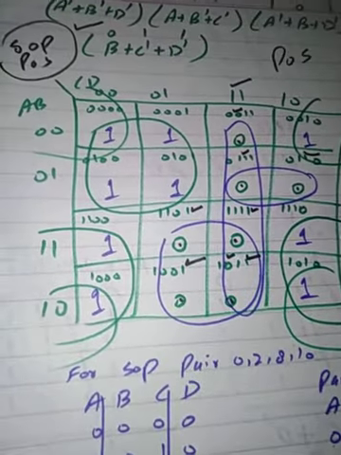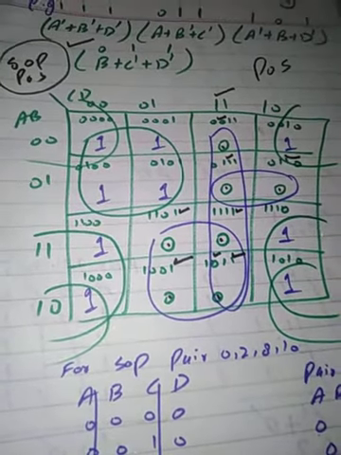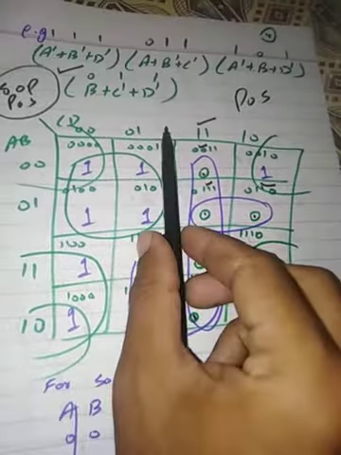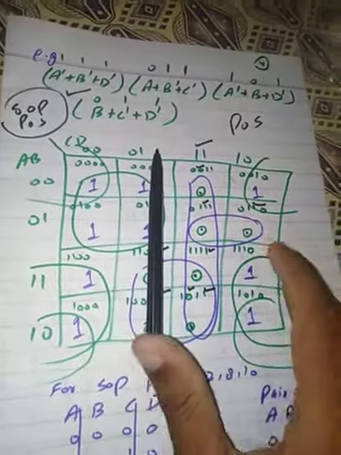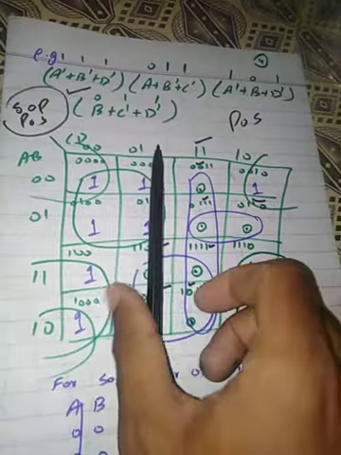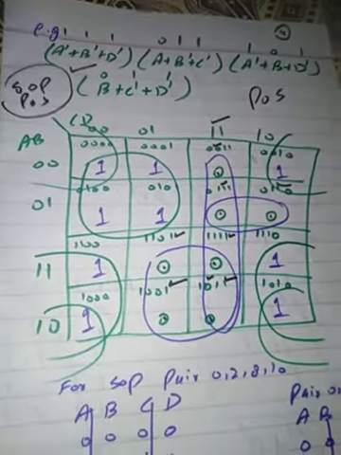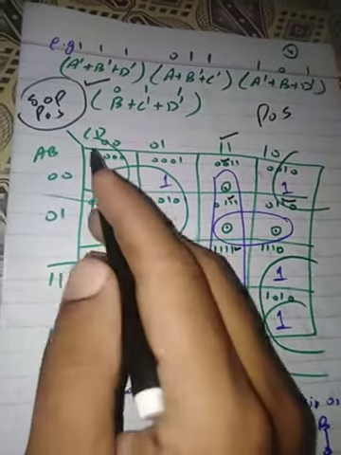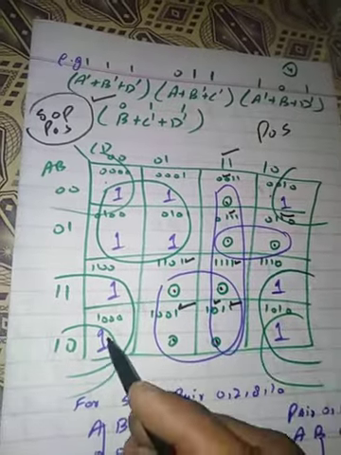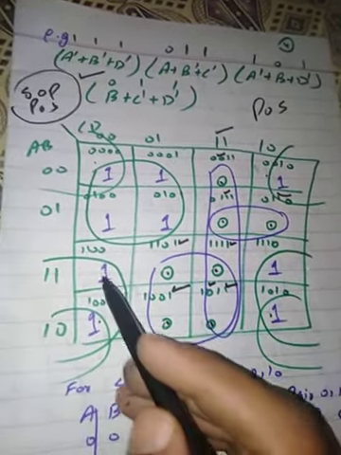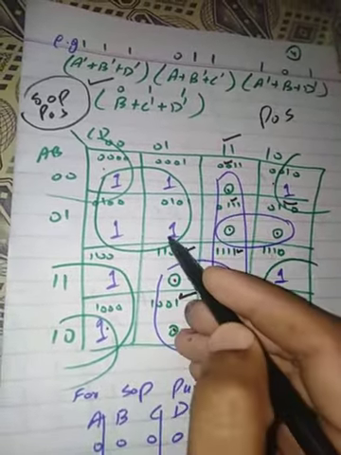If there are 8 ones present, no, there are no adjacent 8 ones, because I can make a pair if I fold it. This one, but this is 0. I can't make a pair of 8. So now make a pair of corner, means 0, 2, 8, 10. How to use these two?